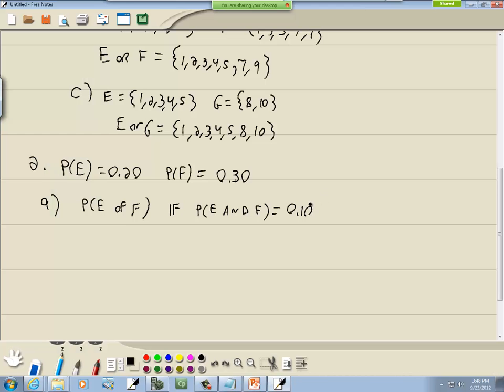Okay, well, I don't need to go up to our formula, I remember what it is. Our formula said, this is our general addition rule, probability of E or F is equal to the probability of E plus the probability of F minus the probability of E and F.